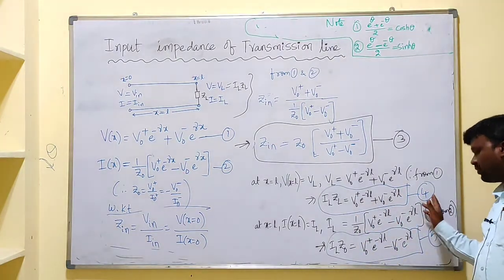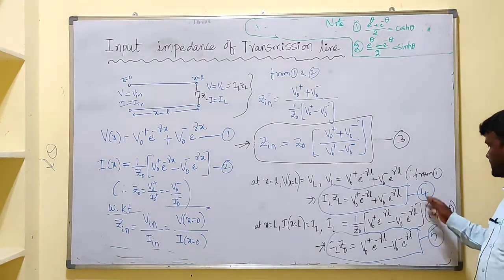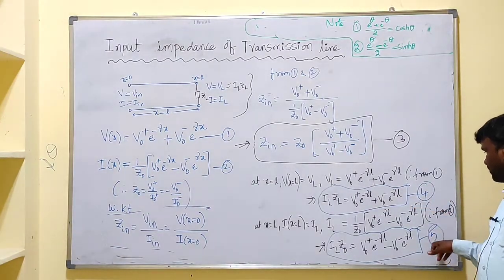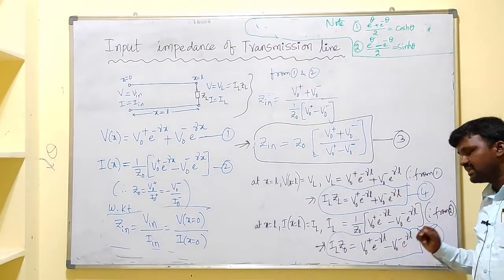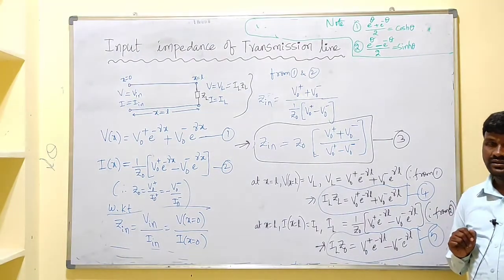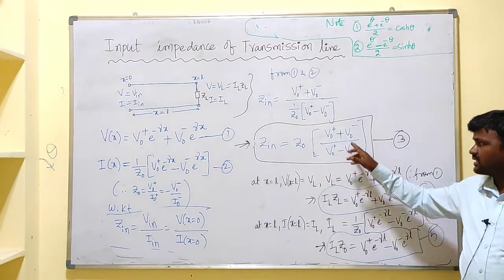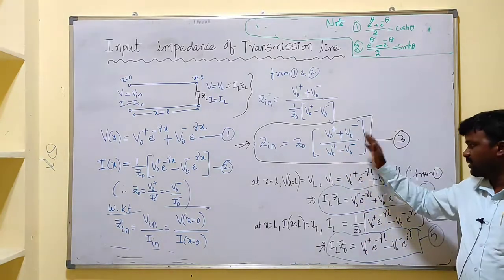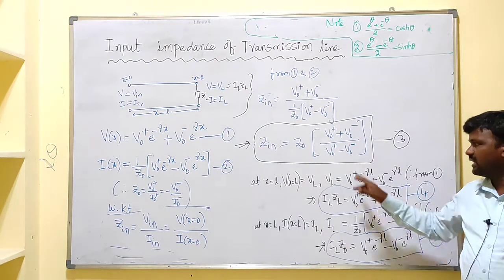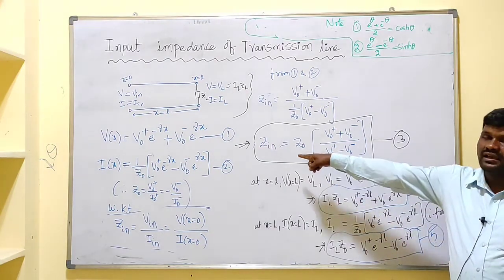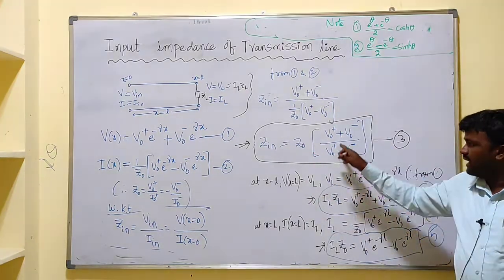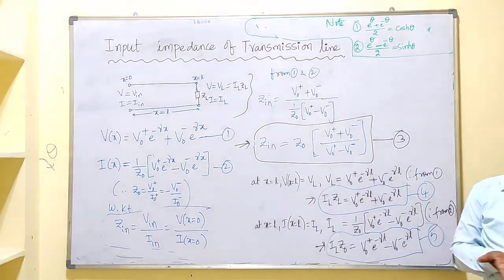If I subtract equation 5 from 4, I will get the expression for V naught minus. If I add both, I will get this numerator, and if I subtract them, I will get this denominator. Then substitute this one and this one in this equation 3, we will get what?